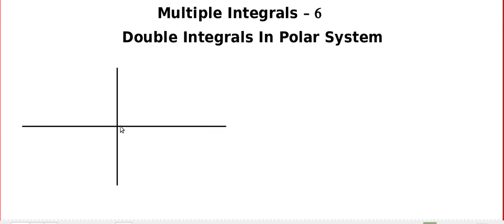And by calling this the positive x-axis, the positive y-axis, negative x-axis, negative y-axis, we are actually able to give a unique representation to each and every point on the plane.